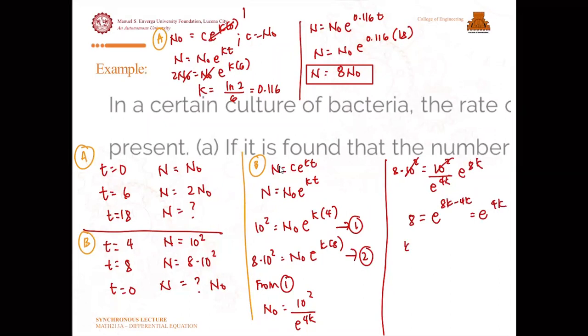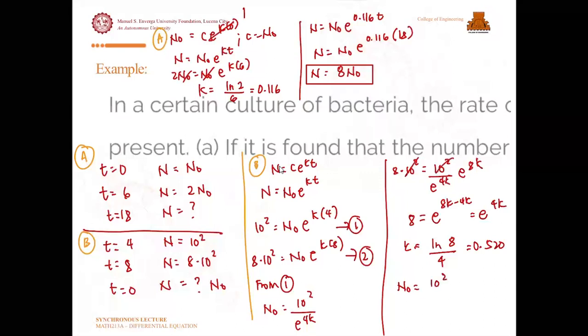So para makuha si K, equal yan sa ln of 8 over 4. So ln of 8, divide mo ng 4 is 0.520.